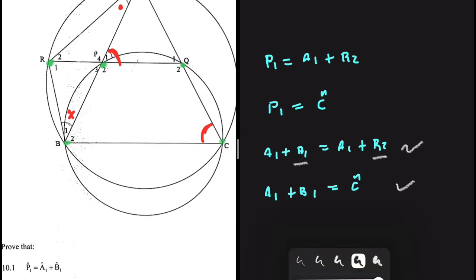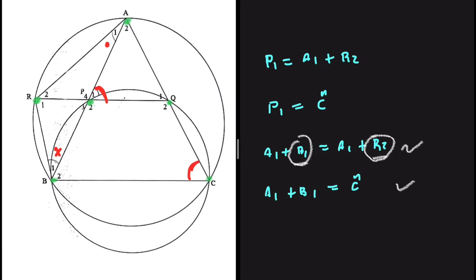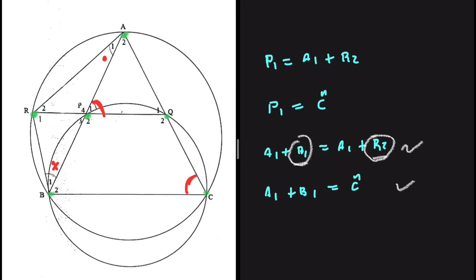So let's go ahead and look at the first option, proving that B1 is equal to R2. If B1 is equal to R2, then P1 is equal to A1 plus R2. So let's look at that. We have B1 here, as I've indicated, and where is R2? We have R2 right here.